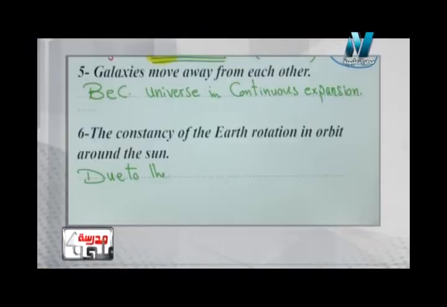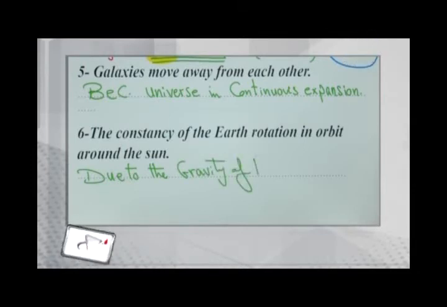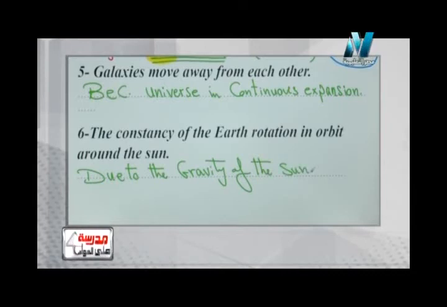Of the sun. يلا نكتب الانسر مع بعض. بيقول لي the constancy of earth rotation in orbit around the sun. هقول له كده لو ممكن على المونيتور لو سمحتوا. هقول له هنا due to the gravity of the sun.